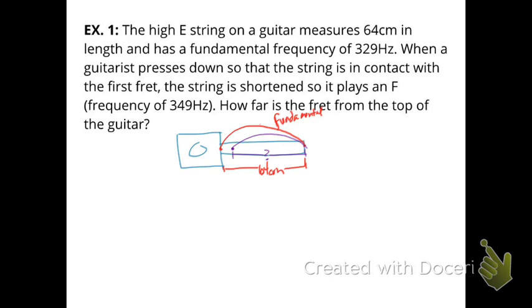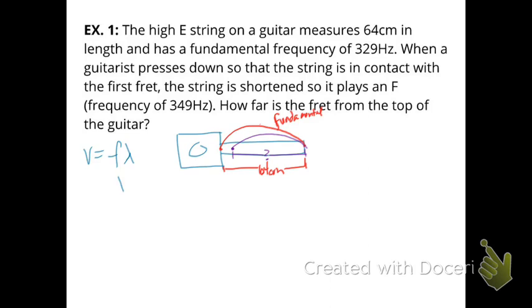Okay, so we're looking for velocity. So velocity is equal to frequency times wavelength. Now, we don't know the wavelength, do we? We know the length.